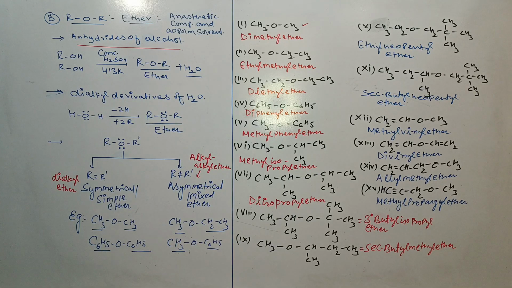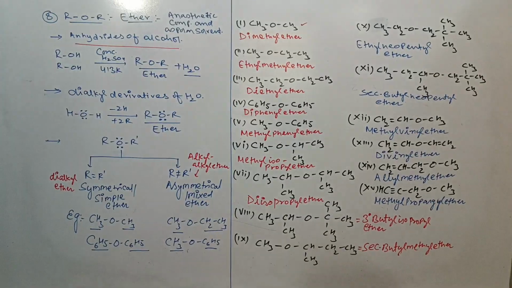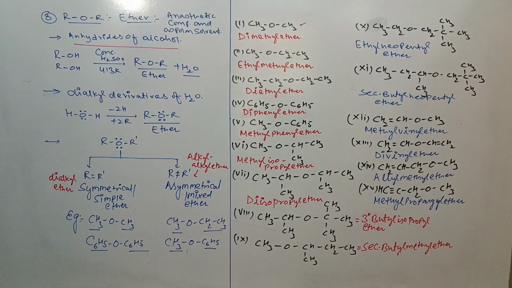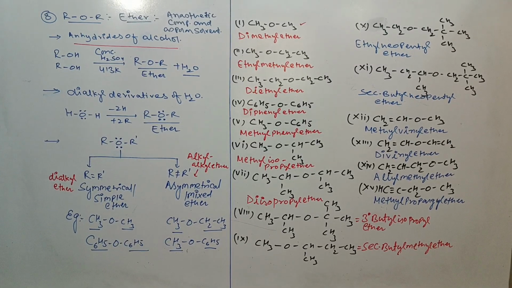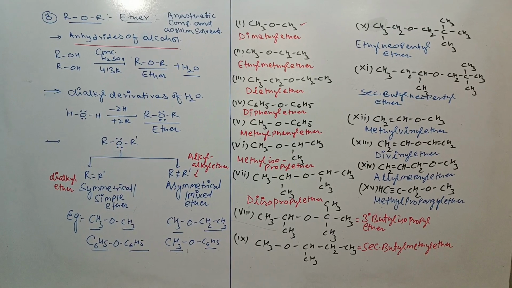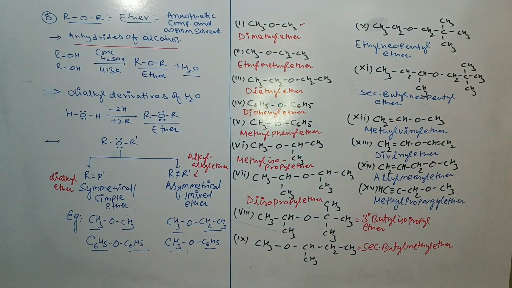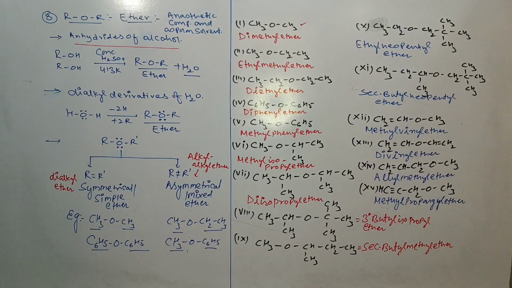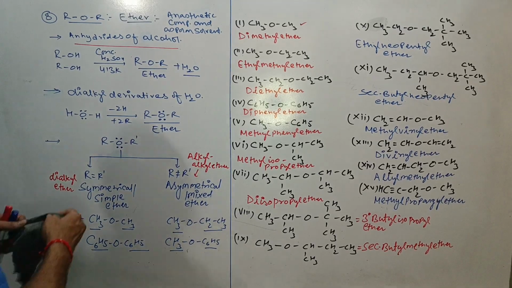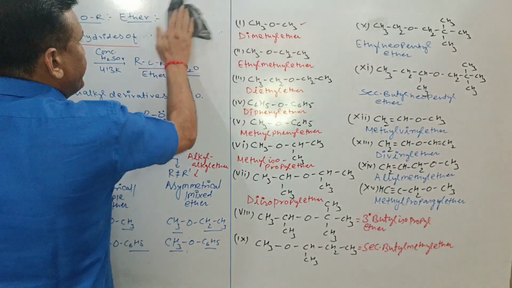Now it is time to discuss the next functional group. We continue because it is too important, and that is, you can say, the 9th functional group, ketone. So be with me.